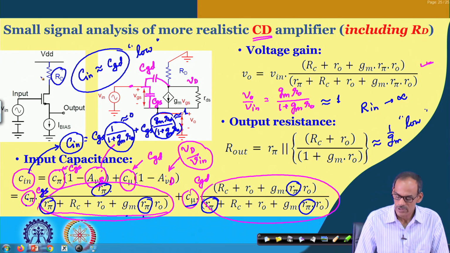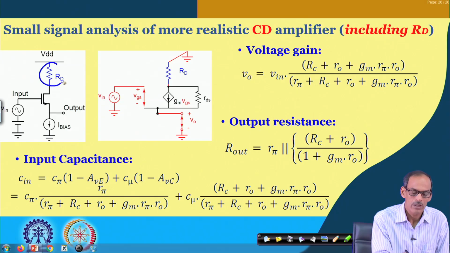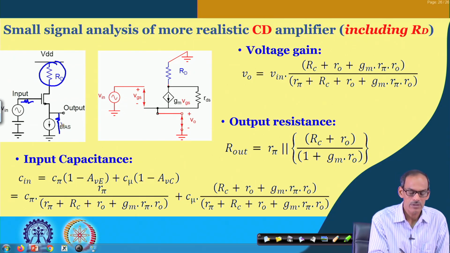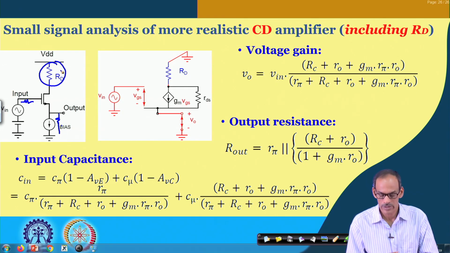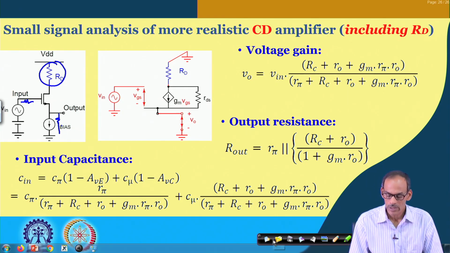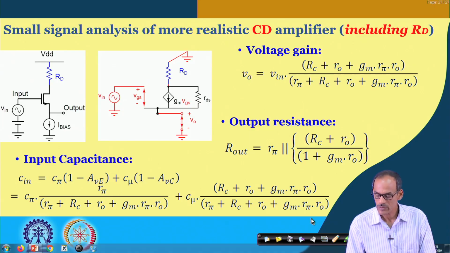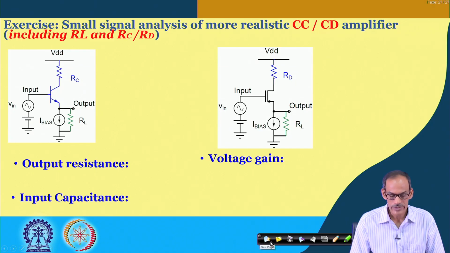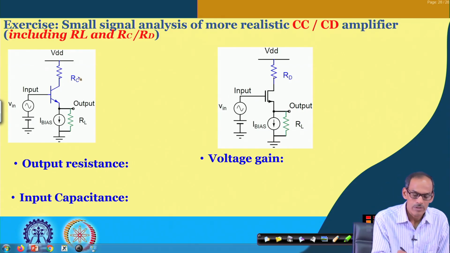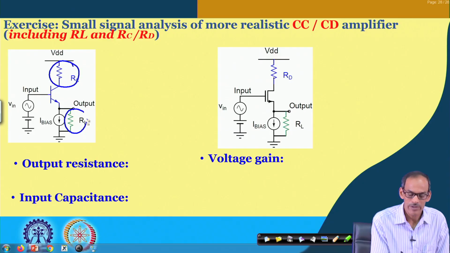Now, so far we have considered either R d or R L here, or maybe R s here. If I consider multiple elements together, things of course will get more and more complicated. You may try to solve this kind of circuit where we consider the R C part and then the R L part.